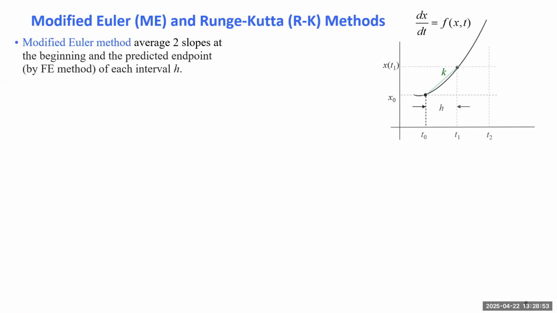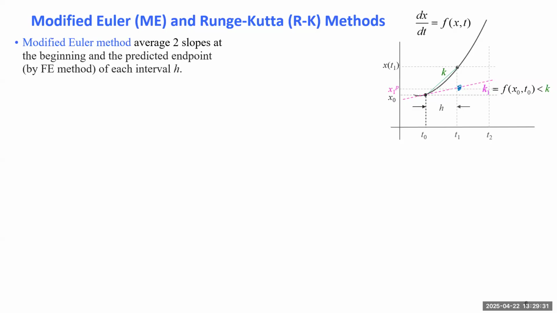For the modified Euler method, the idea is to average two slopes estimated at the beginning and ending point of each interval, so you can have a better estimation of the green slope K. What it does is first draw a tangent line at the starting point. This is the same as the forward Euler method. If you're using forward Euler method, you can stop here and just use this point to estimate the true solution.